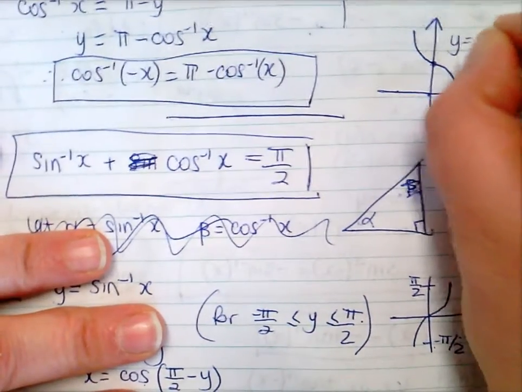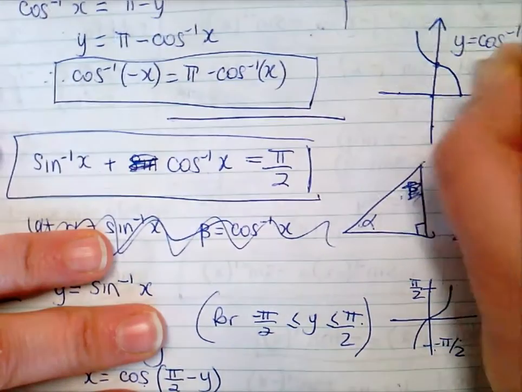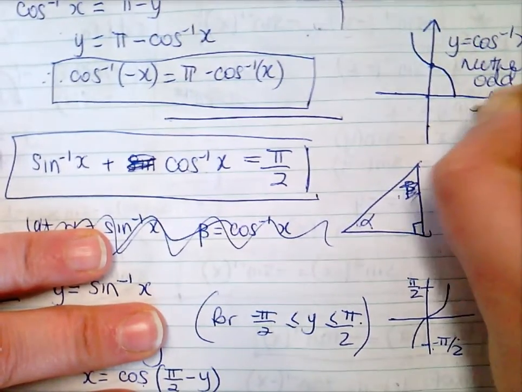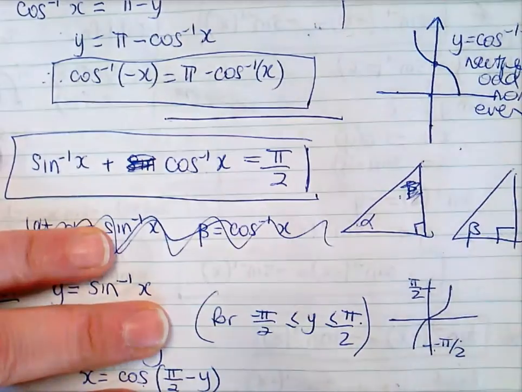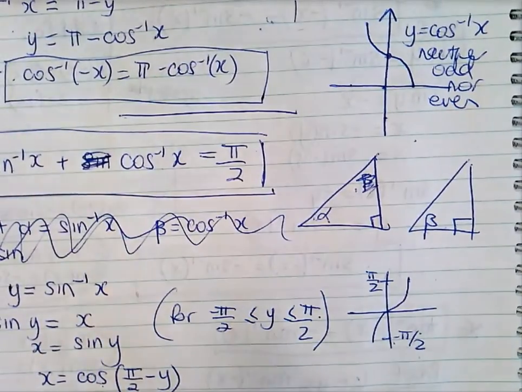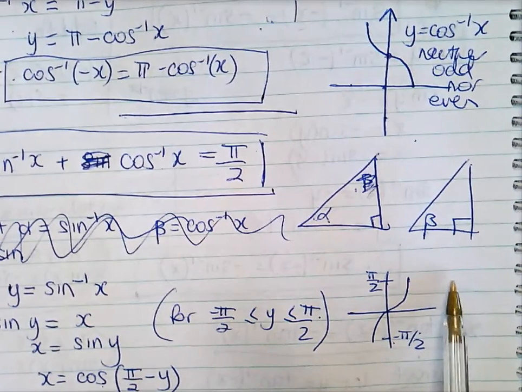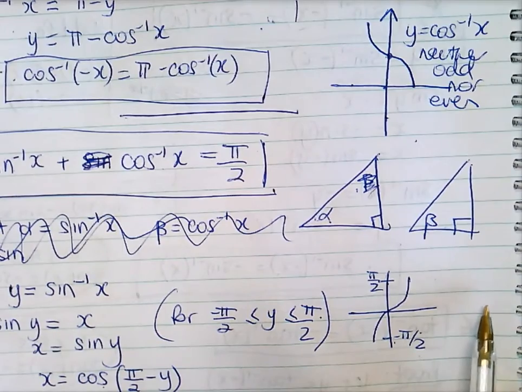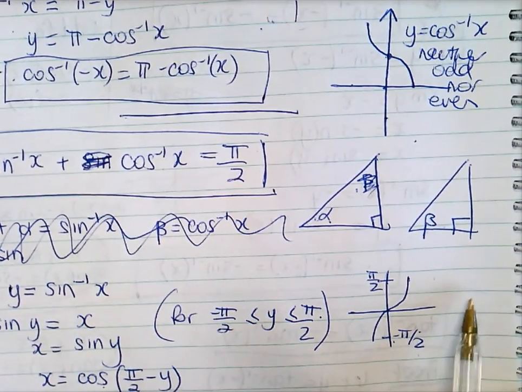So the inverse cos function is neither odd nor even. You're allowed to have neither. Girls, that's because cos of minus x does not equal minus cos of x, and inverse cos of minus x does not equal inverse cos of x.